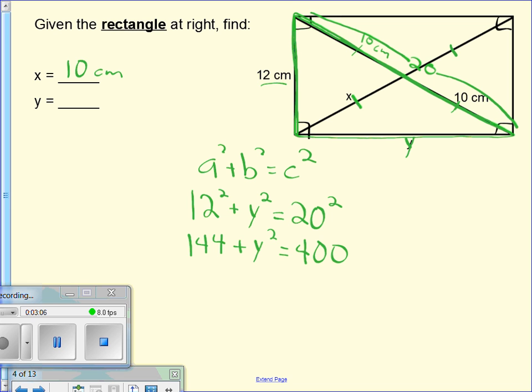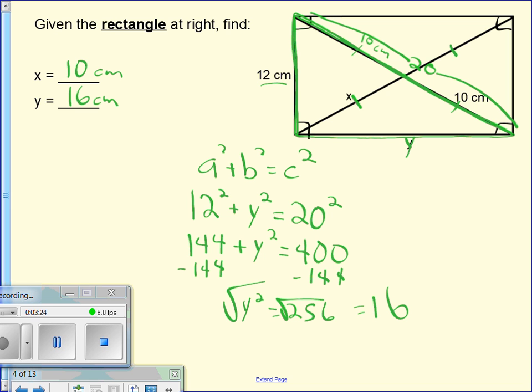I want to get y by itself, so I subtract 144 to get y squared equals 256. The square root of that gets me 16. There we go. Got our answers.